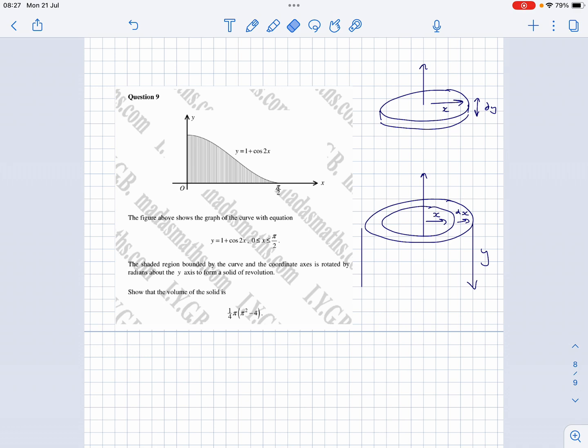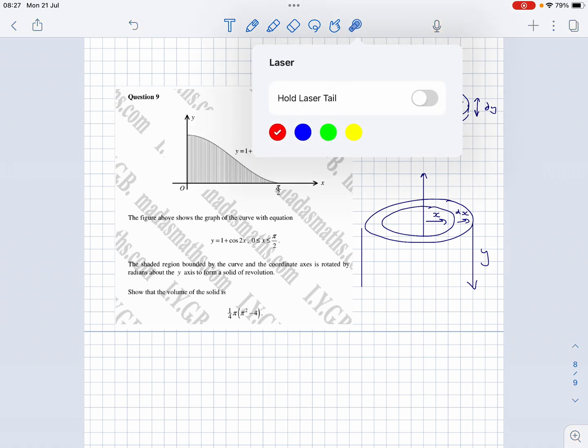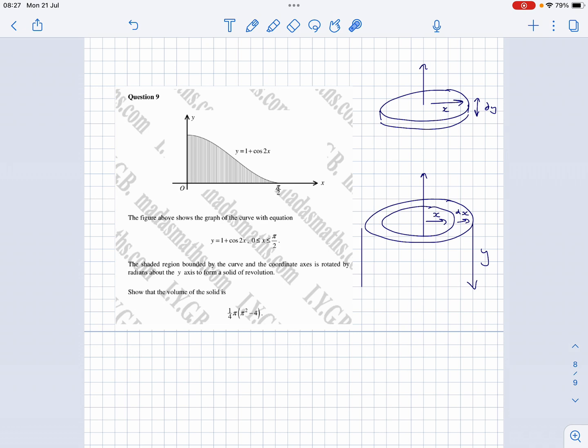So this is actually a really cool question. Now, when you've done volumes of revolution, the way I usually introduce it is thinking about lots of discs and then adding them up. So here you can imagine that this is like a slice as you spin this around the y-axis and you're adding up lots of these discs to make up the area.